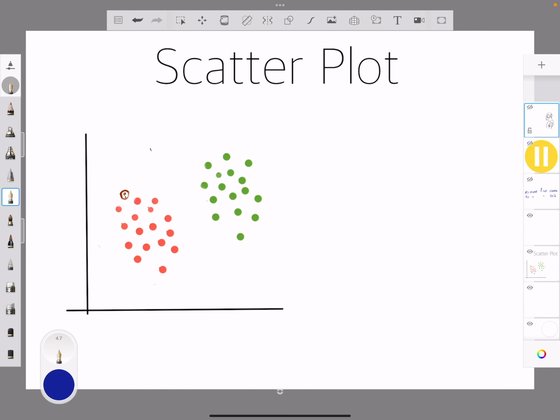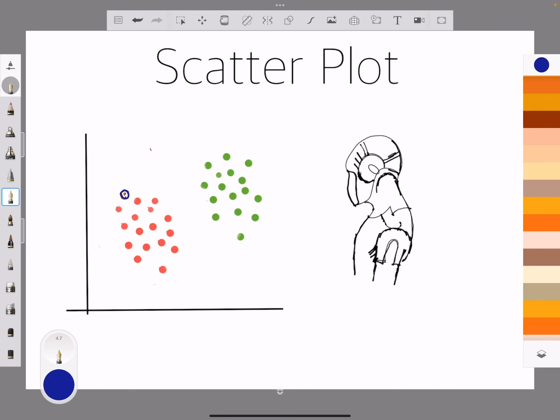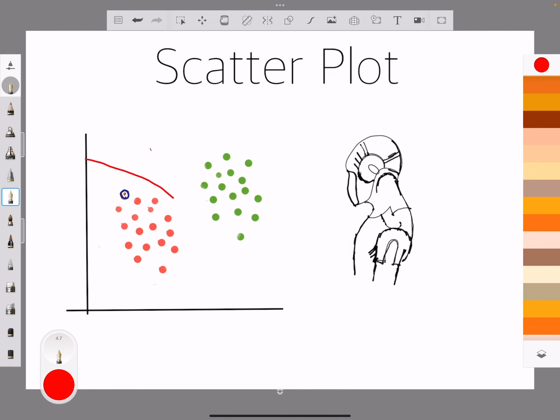All right, great work. So now I'm going to bring in a machine and ask the same question. The question was, is this point more like red or more like green? What machine learning algorithms do is define a decision surface, something like this, that separates two classes.